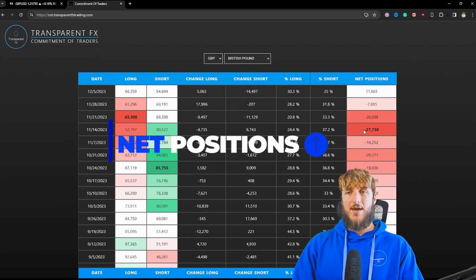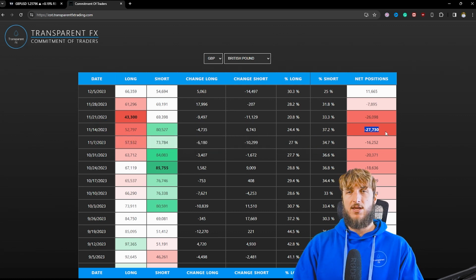We went, in fact, from having a minus 27.7k net positioning, in which we had way more shorts than longs from an institutional perspective, with 80,500 shorts compared to only 52,000 longs, all the way up to now having a positive net positioning of plus 11.6k net positions, with the complete opposite situation, so way more longs than shorts. We have in fact 66.3k longs compared to only 54.6k shorts. And we had 14,400 shorts closed with the last report and 5,000 longs getting added.